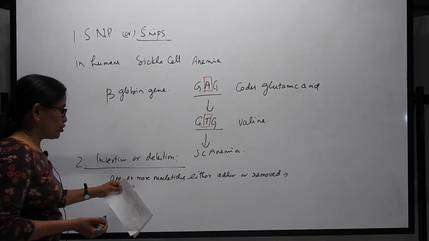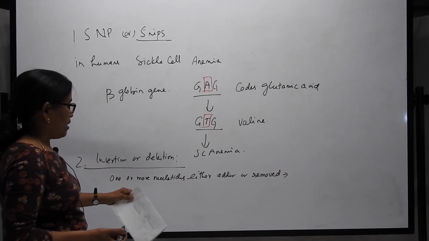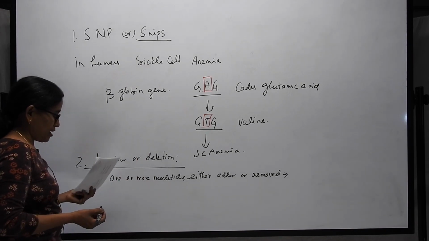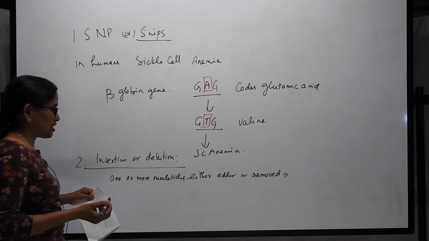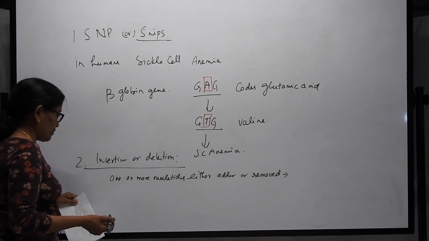If it is one or two nucleotides, it will definitely result in a frame shift mutation, leading to earlier termination of the protein. As a result you will not get the active protein.